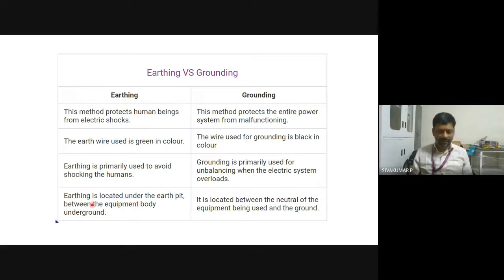Okay. So next, earthing is located under the earth pit between the equipment and the body. So how do we identify it? They take the charged potential current through a separate wire and take it to earth. They use an earth pit and neutralize the flow of electrons. It is located at the neutral of the equipment used in the ground. This is a separate ground they are using.